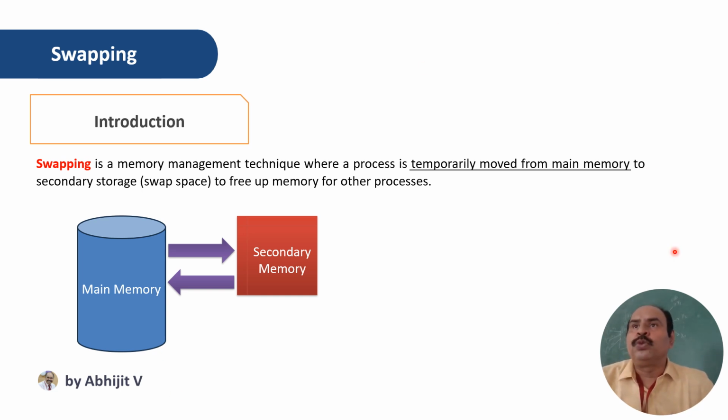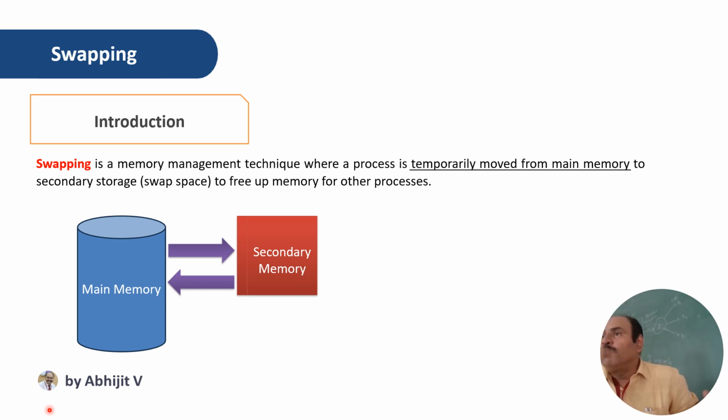What is memory swapping? So what is meant by swapping? Swapping means exchanging. One thing over the other, you are just exchanging. Okay. So it is temporarily moved from main memory because you can save some space.